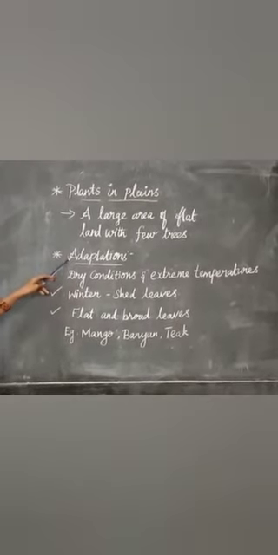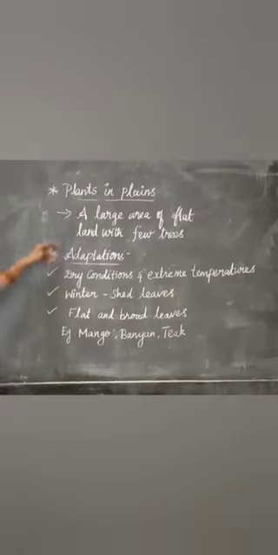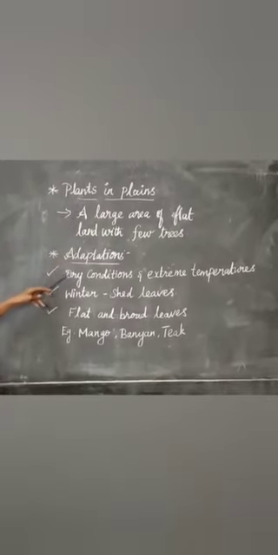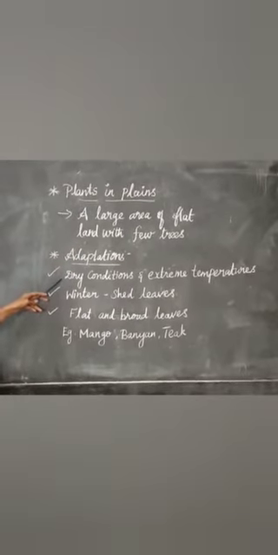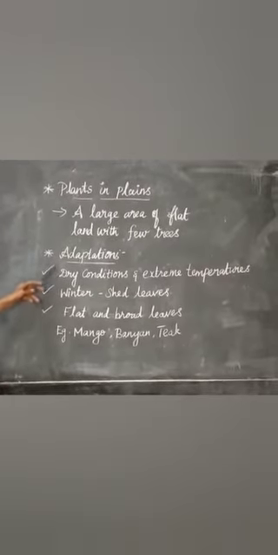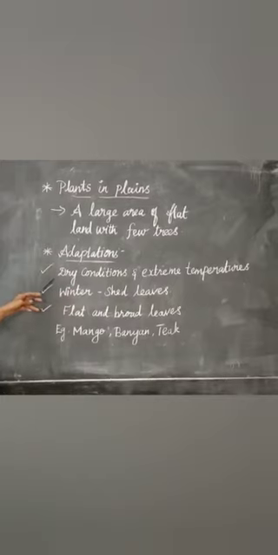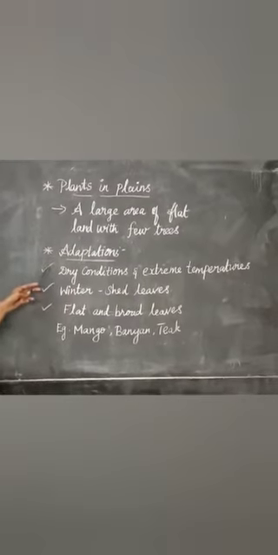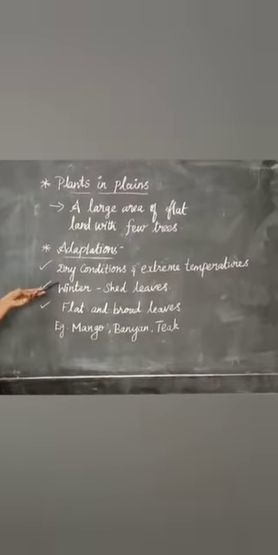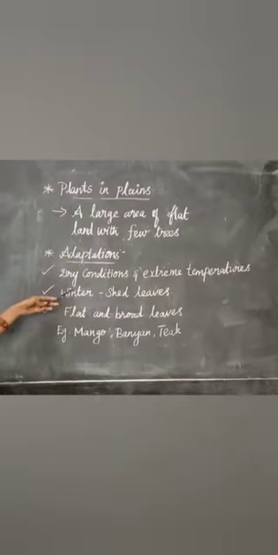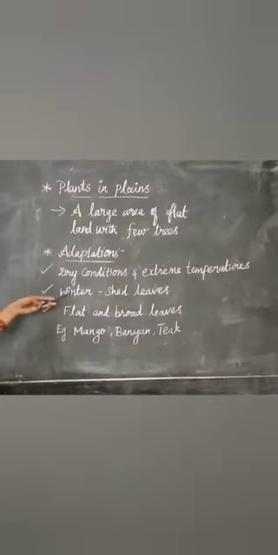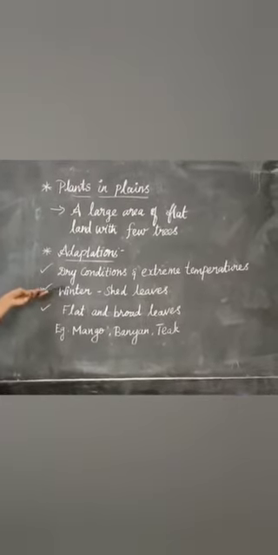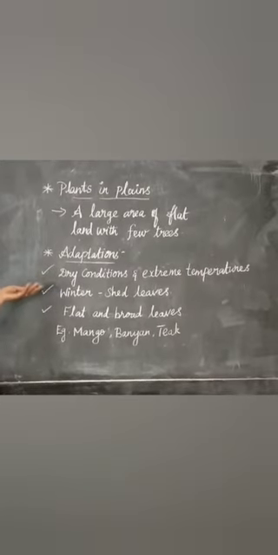Okay, and let's see the adaptive features of plants in the plain region. So these plants need to adapt to both dry conditions and extreme temperature. So in Madurai we have a winter season and also hot summer season. In summer, in the month of May, we get very hot sunny days.